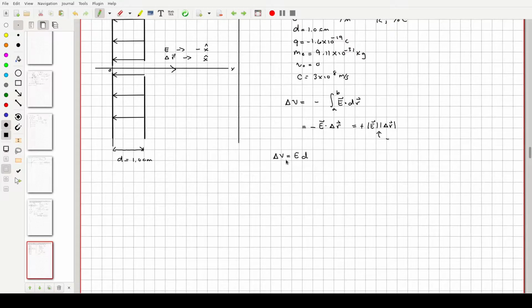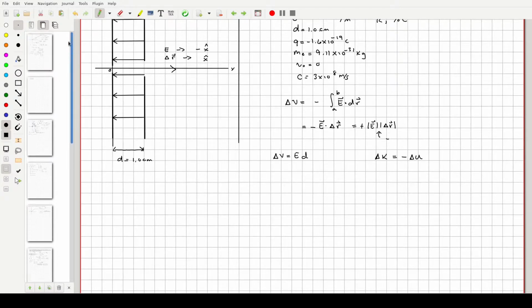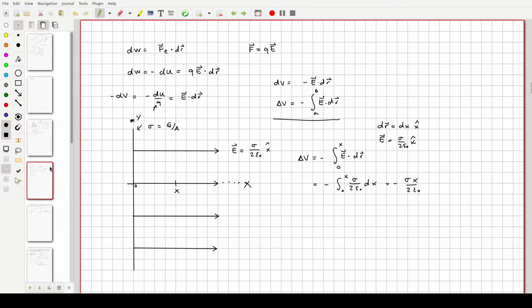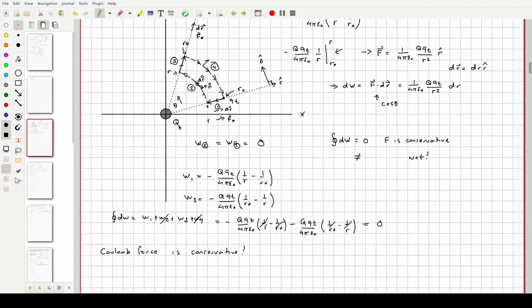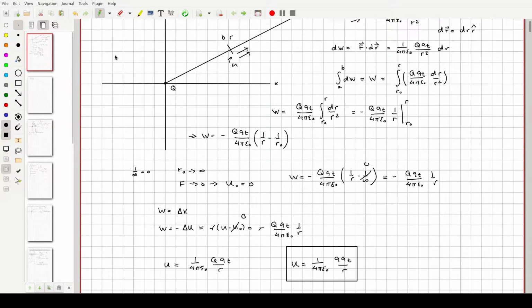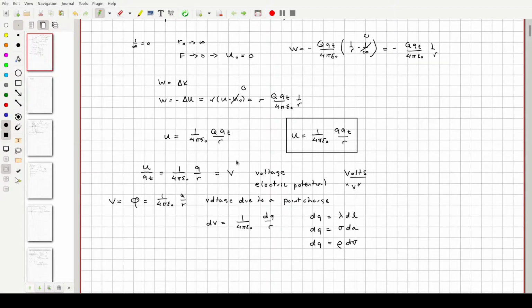Now, we also know the relationship between potential energy and the voltage. Okay? Remember, kinetic energy, or at least the change in, is equal to minus the change in the potential energy. And right here, we know the relationship between voltage and potential energy.